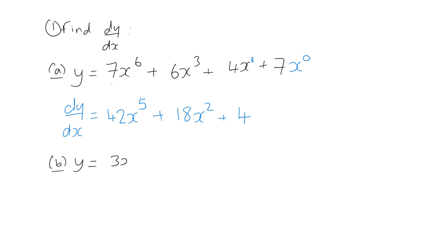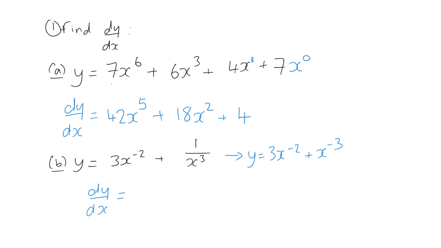Next one then, just be careful with minuses and that sort of thing. And if we have something like this, we'll have to rewrite it first before we can differentiate it. So that would become 3x to the minus 2, that says the same, plus we bring this up, so that's x to the power of minus 3.